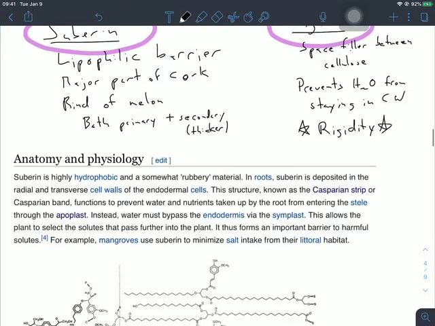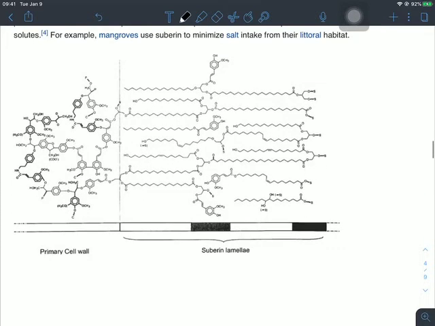Now, not to intimidate you in any capacity, but to encourage those of you who are not intimidated by these molecules to maybe seek out a career in biochemistry. Because I think it's remarkable how large and complex suberin and lignin are. So I wanted to throw up these diagrams of what suberin looks like.